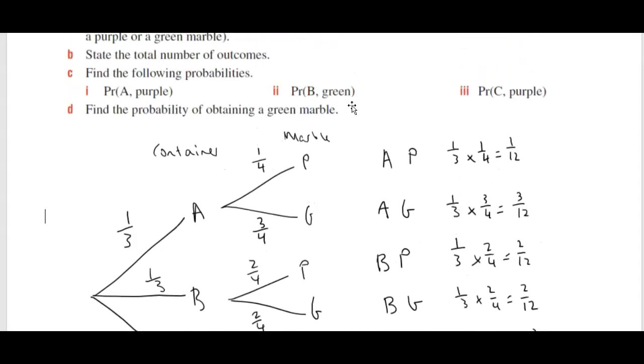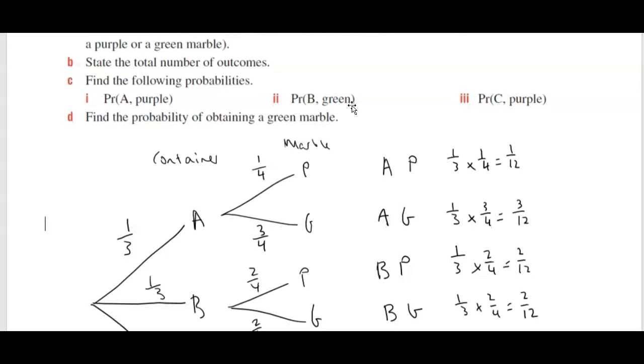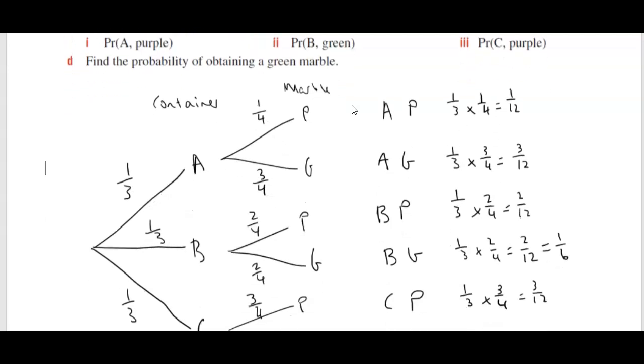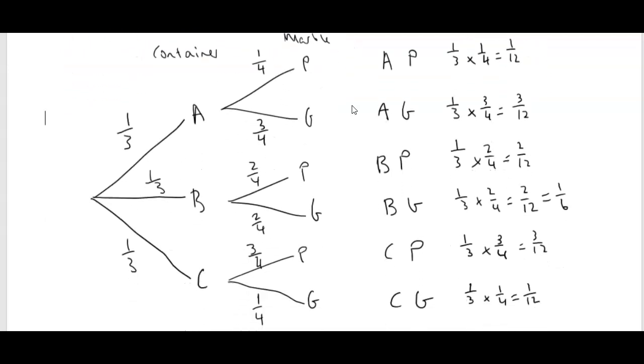So 6 different possible outcomes. Find the probability of A and purple, so it's 1/12. B, green, is 2 over 12, which we can simplify to 1/6. C, purple, is 3/12, which we can simplify to 1/4.